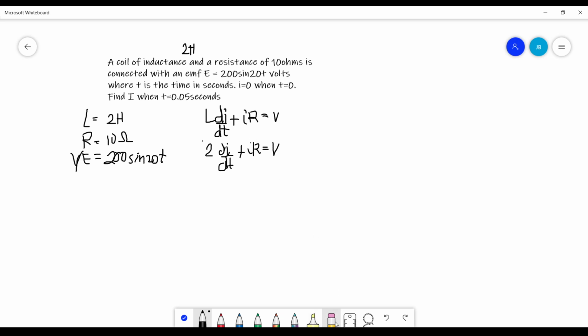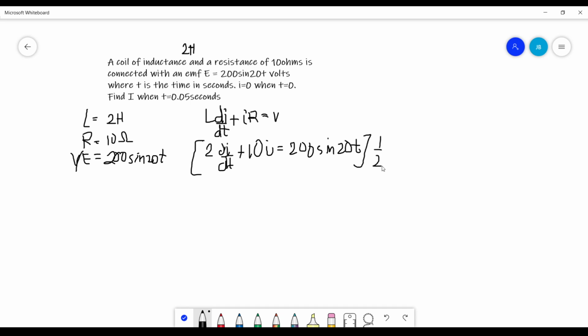Okay, where's the eraser here? There you go. So 10I is equal to 200 sine 20t. Okay, so it does look familiar. It looks like a linear differential equation, but the 2 should be eliminated.